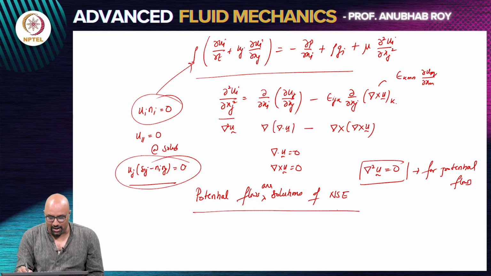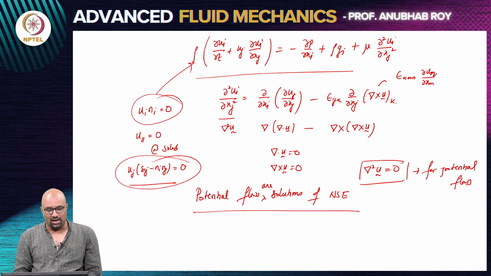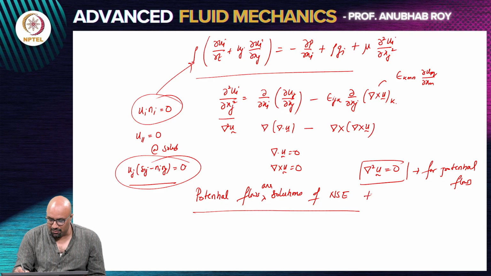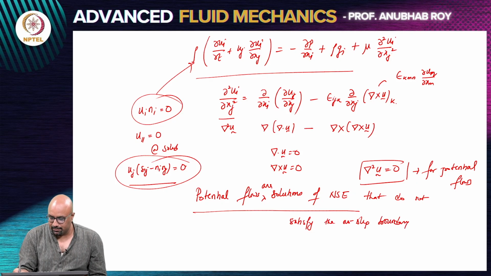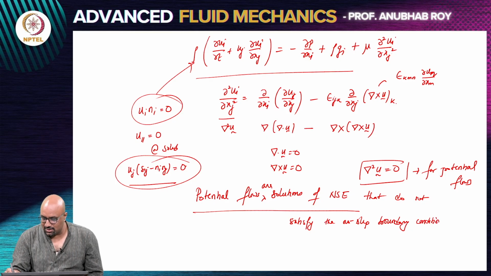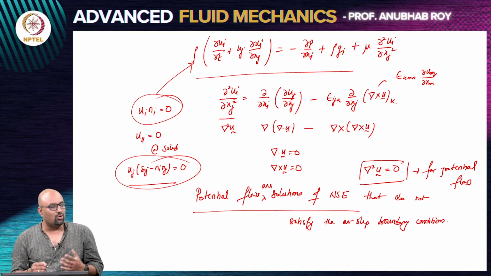which means this statement, potential flows are solutions of the Navier-Stokes equation, has to be modified: they do not satisfy the no slip boundary condition. So, there are various approaches, numerical and theoretical, which try to use potential flows and apply them to viscous problems, where the modification that is occurring is from the no slip boundary condition.